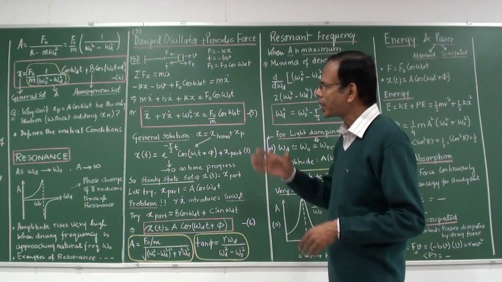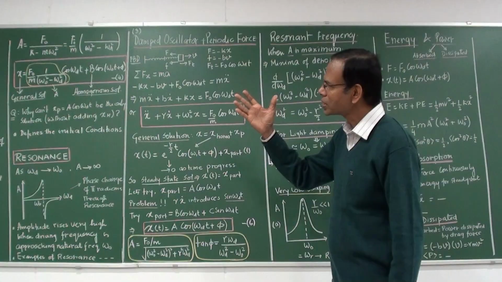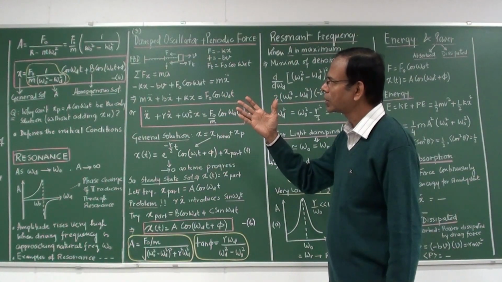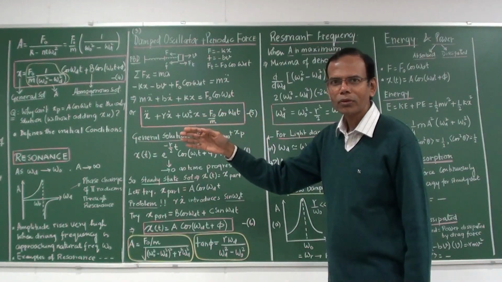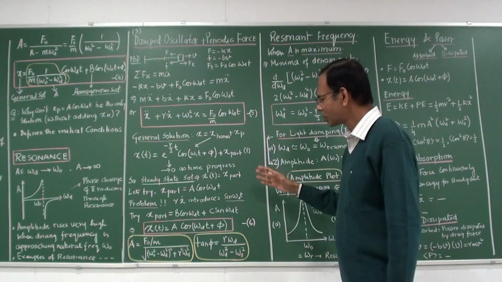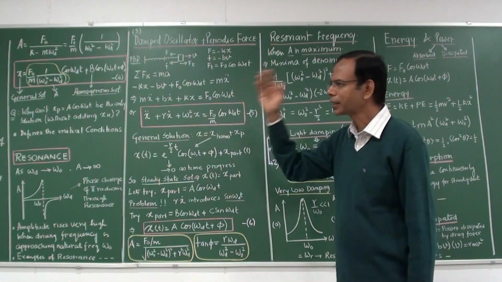I hope now you appreciate that when omega d is 0, we are getting the first case. From here, when gamma is 0, we are getting the second case.